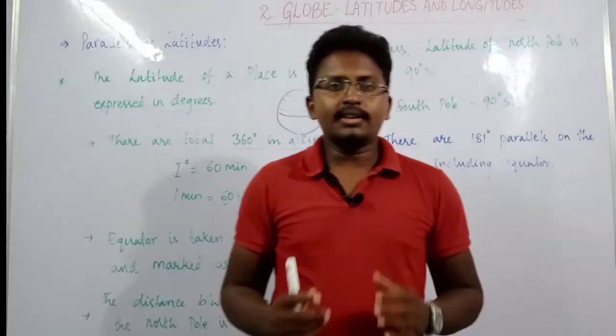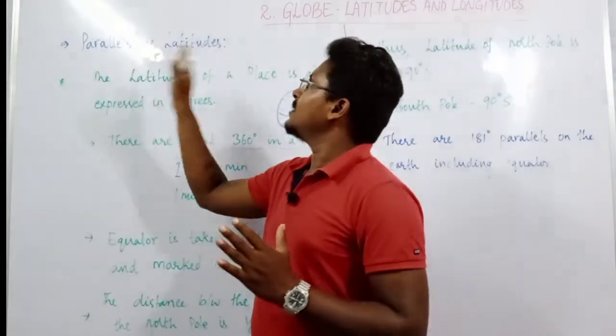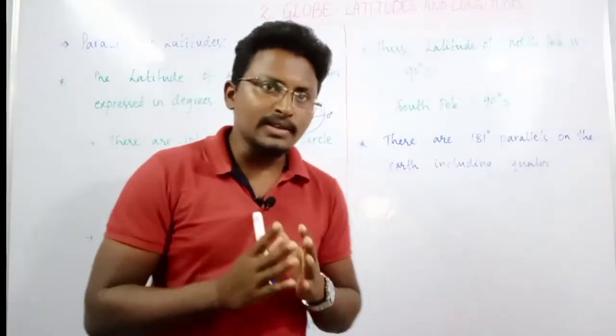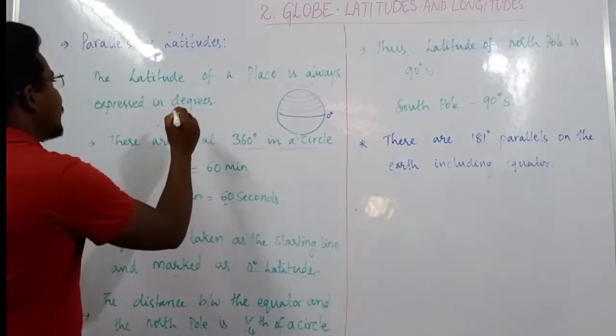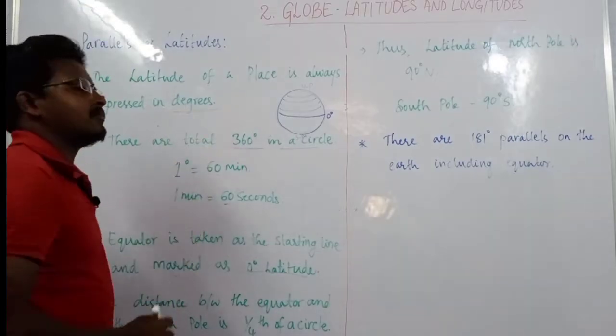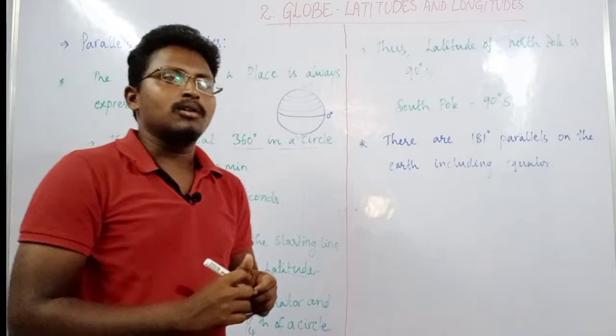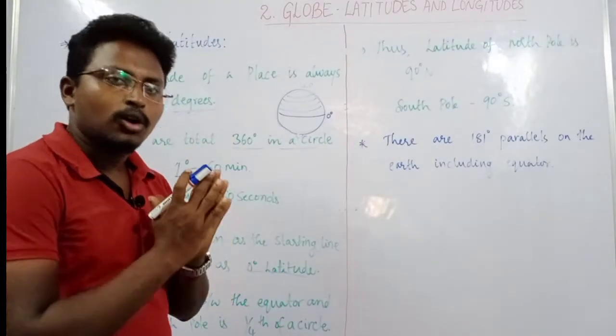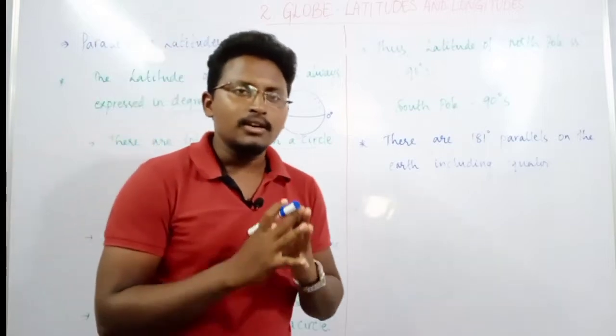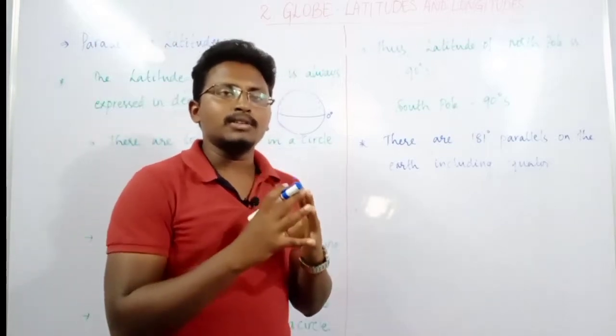Let us discuss in detail about parallels, or latitudes. To represent any location or any latitude, we always express it in degrees. For example, you say so and so place is located between two latitudes, and we show that latitude using degrees.